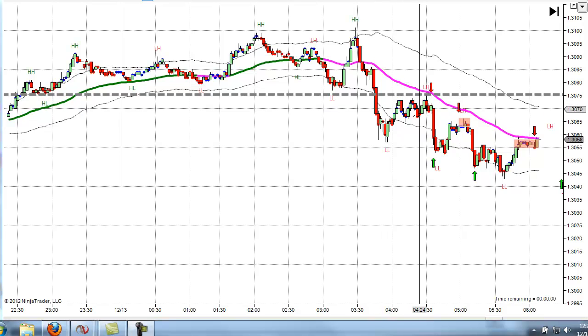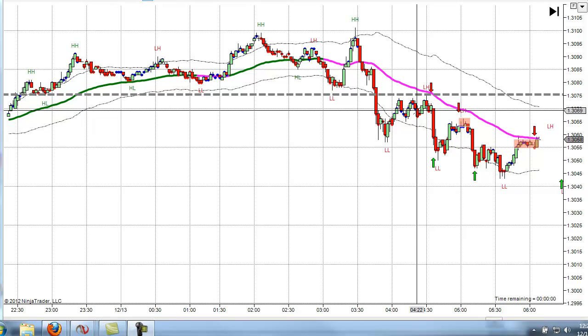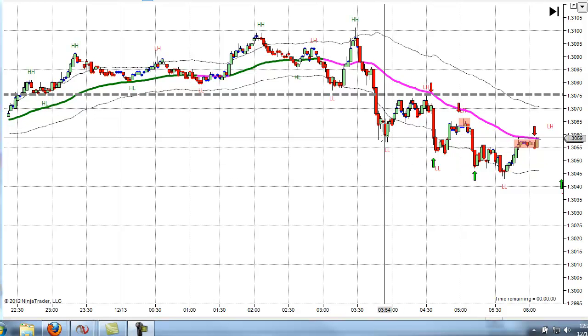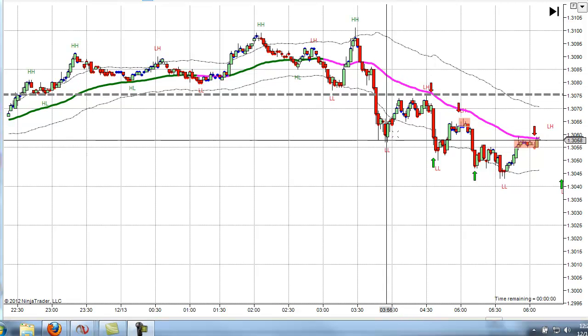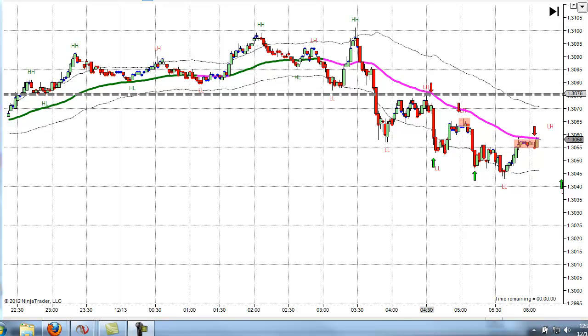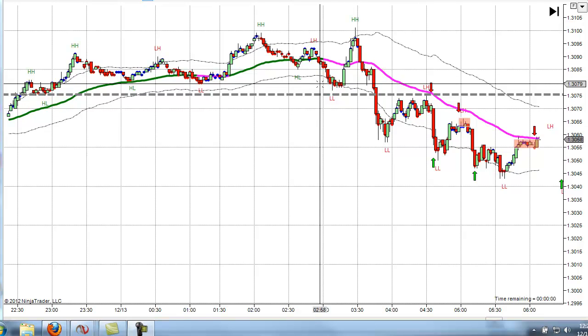What I'm looking for is to participate in a trend defined by lower lows and lower highs, or higher highs and higher lows. And here we're starting to see a pattern of lower lows, and if this area holds, lower highs. This area is actually right at the 30.75 mark, which could present itself as resistance for this price action.